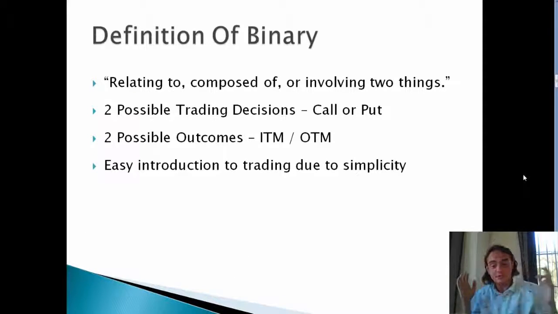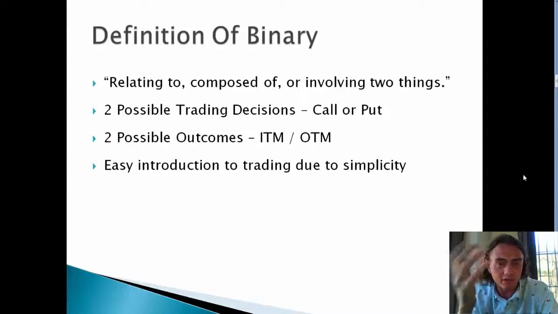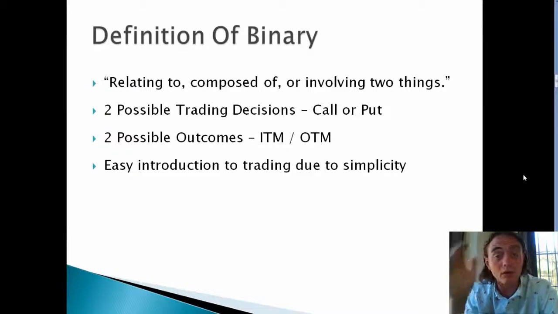Okay, big reason people go for binary options: it's simple to get started with. You don't have to worry about things like leverage. Everything's there in front of you, how much you're going to make. Obviously, you know how much you're going to lose if you're wrong. But it's very clearly stated, the return and how long the trade is going to last.